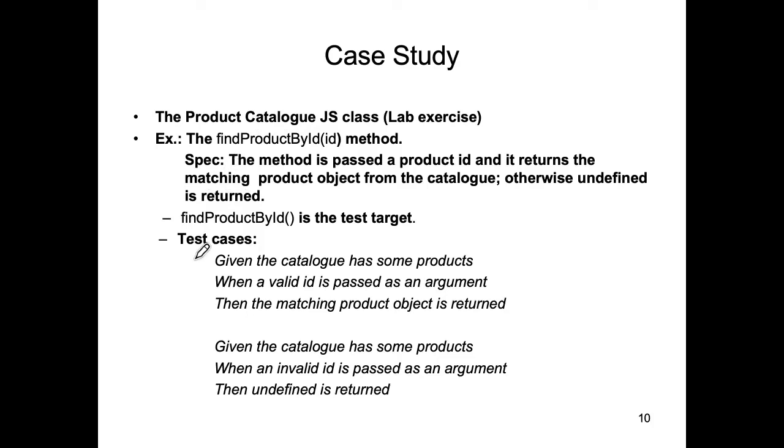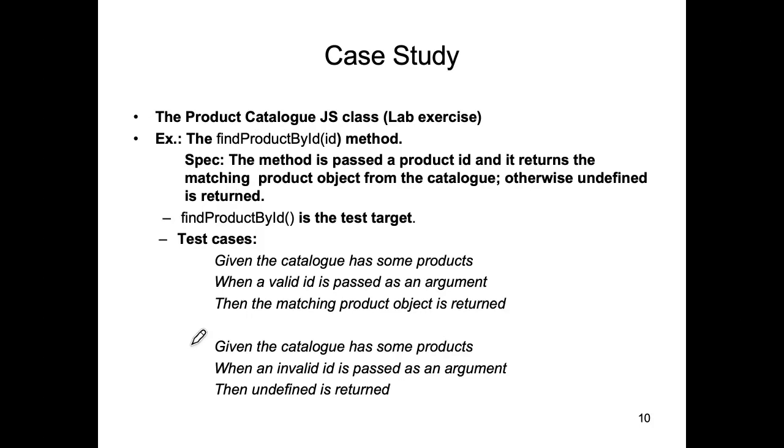And in terms of coming up with test cases, I'm not sure if I mentioned that term, test case. I should have. A test case corresponds to one given, when, then statement or story, if you like, for a particular target. So in terms of test cases, obviously there are two test cases.